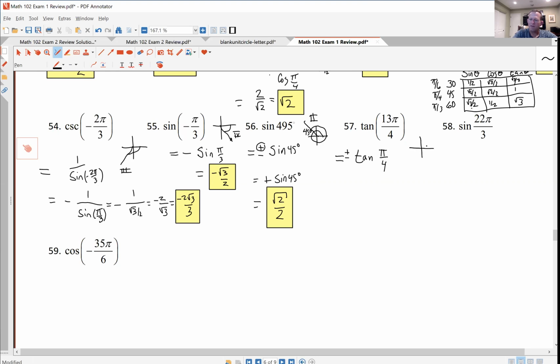If I were to go around, there would be 1 pi over 4, 2, and 3, and 4, 5, 6, 7 pi over 4, 8 pi over 4, 9, 10, 11, 12, 13 pi over 4 sits right there. I'm in quadrant 3, and that's where tangent is positive. So we use the positive of tangent pi over 4, and tangent of pi over 4 is 1.